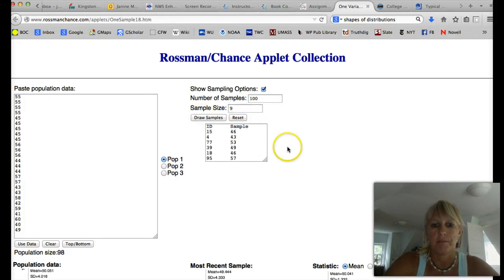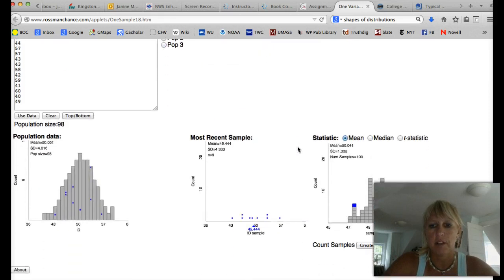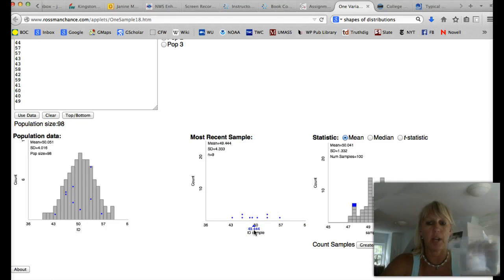Draw samples. So down here, you'll see the distribution. There's one sample of size 9 with a mean of 49.44. So that's as if I pulled out 9 pieces of paper, I found the average, and it was 49.44, and then they graphed that on a histogram. So this is one sample.